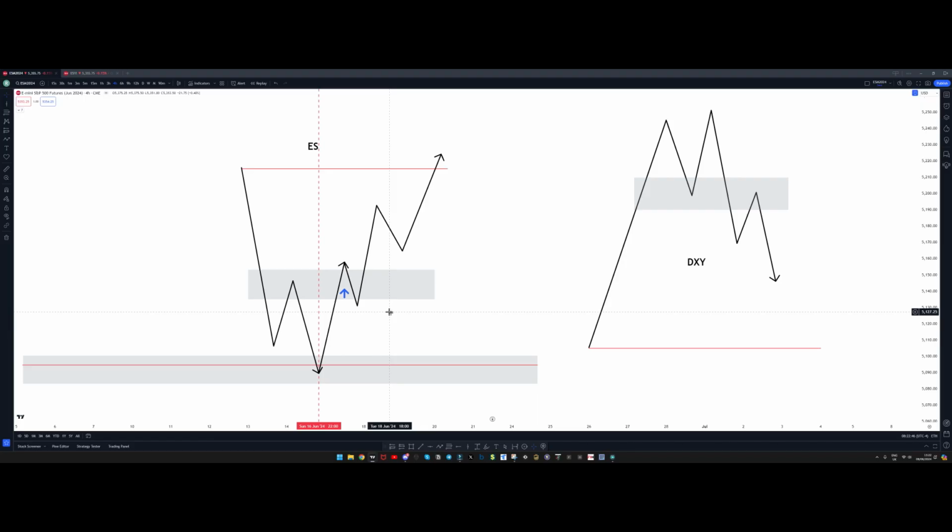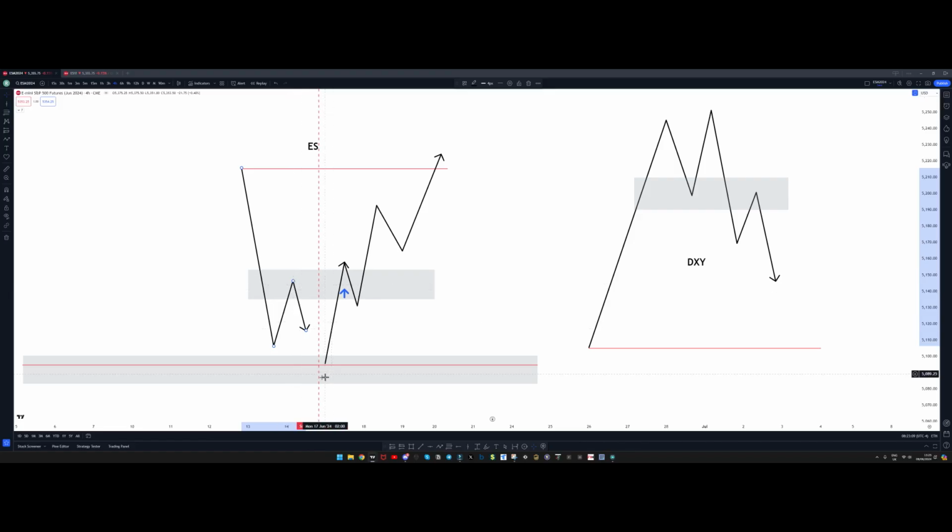This is all thought about down here. I've already drawn the breaker out before I've even made the SMR. The breaker's already highlighted. I've anticipated this intermediate term high to be a breaker because I'm in line with time.